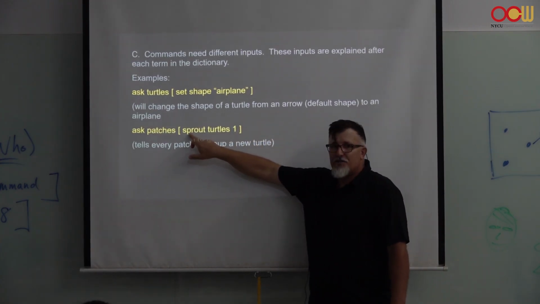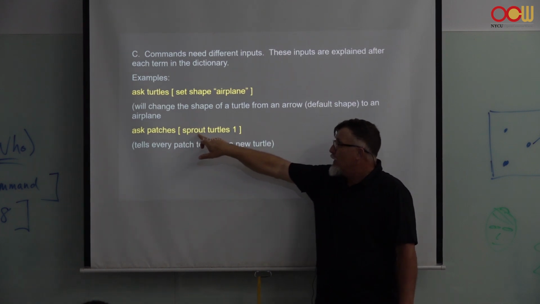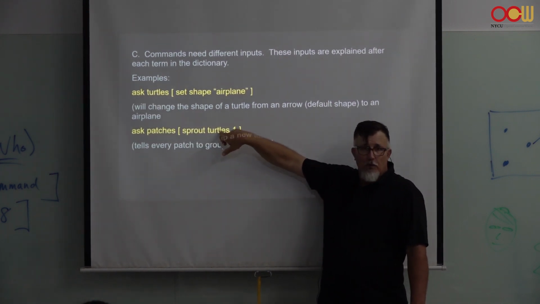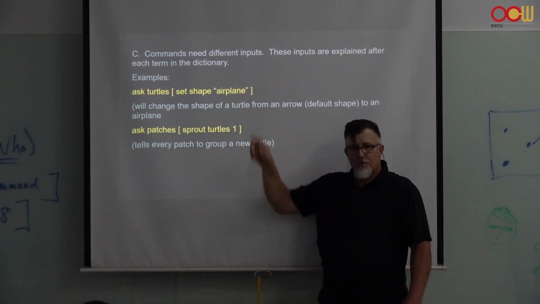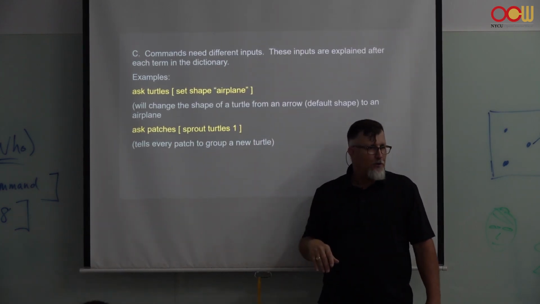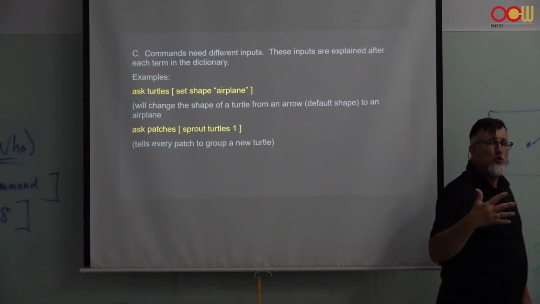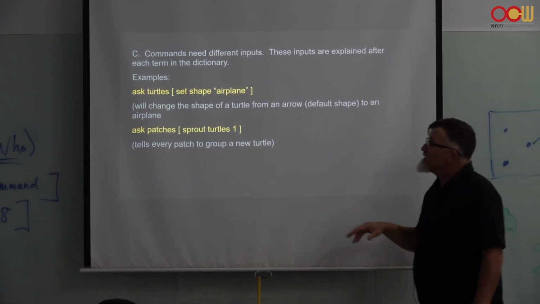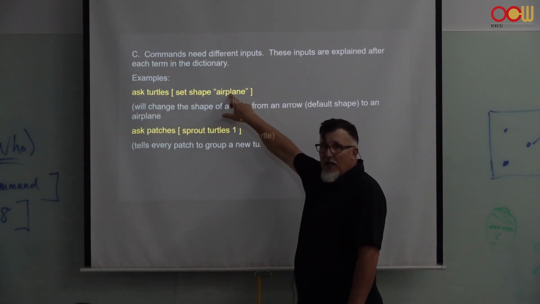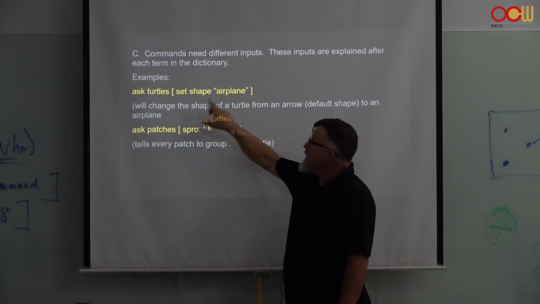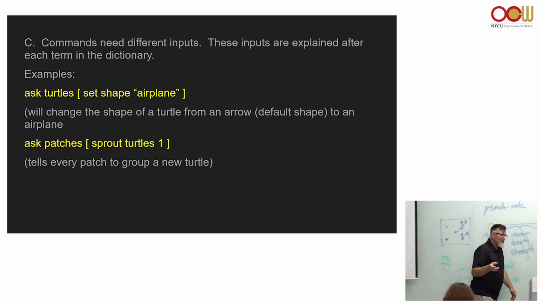Basically, I'm telling this patch here to grow a new turtle, and it adds a new turtle to the world. Sprout means to pop up out of the ground, a new turtle. So those are two examples of two commands. Ask turtles, and then always give it commands and other information between these brackets. It's how you get anything done in this world.